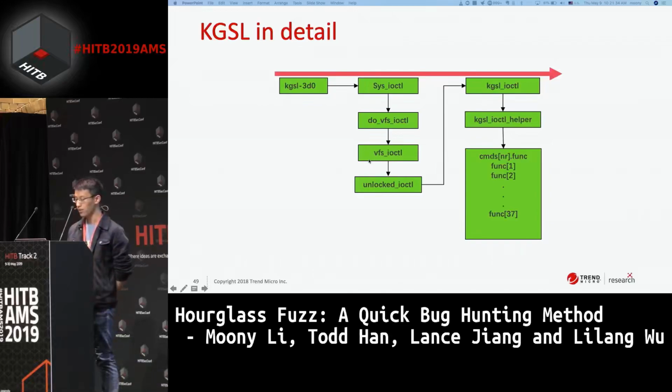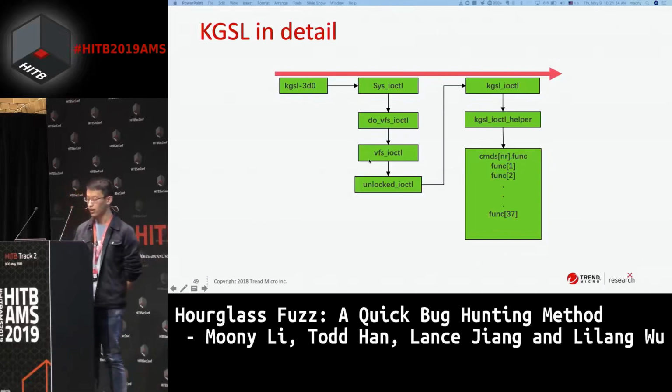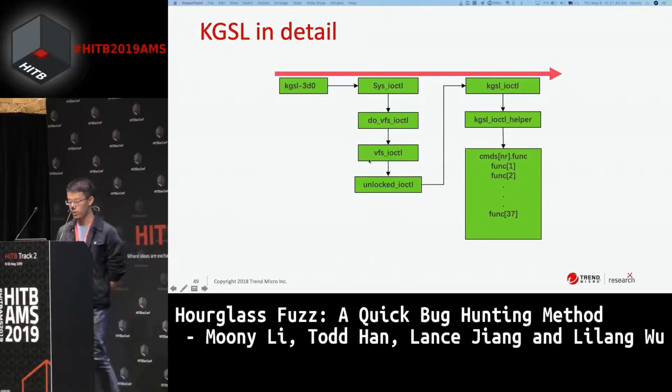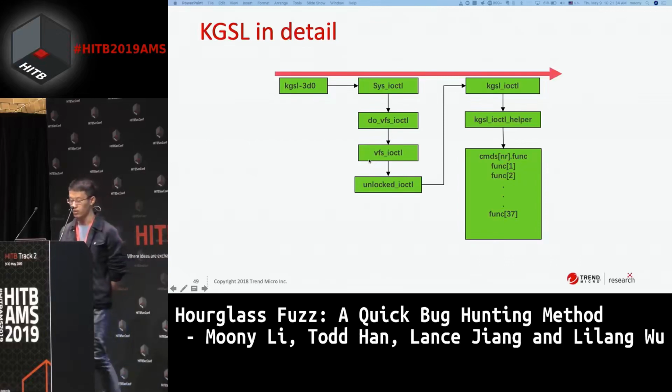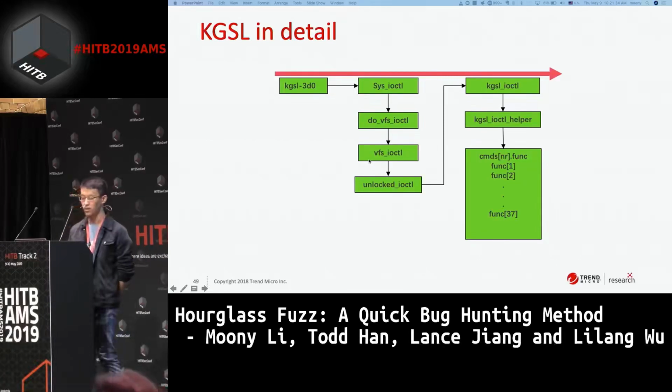In this function, some distribution work will happen, but if there is no matching command code, it will enter the vfs_ioctl function. And there is a very important function here called unlocked_ioctl, which is available for other driver developers to implement. And the kgsl_ioctl is one of the implementations of this function.